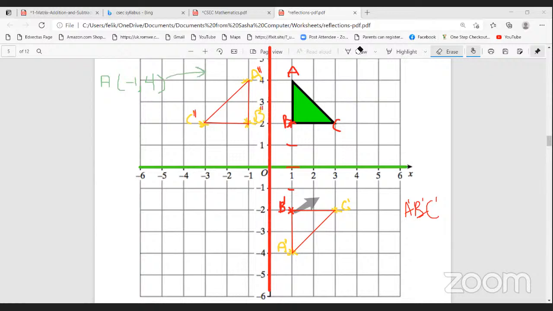You don't use any arrow to show the A. You label it properly. Label the A properly.